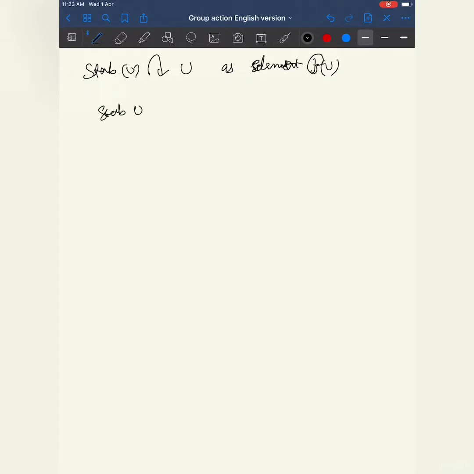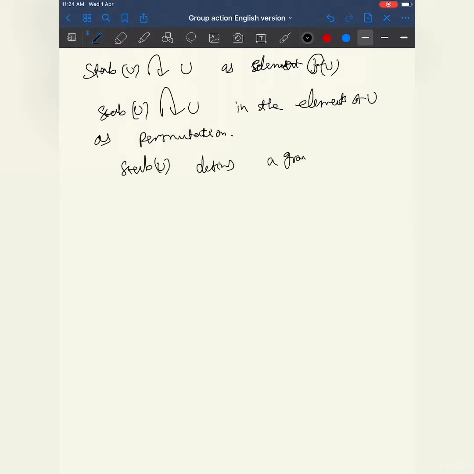But if you see the stabilizer of U acting on the elements of U as permutations, that means the stabilizer of U defines a group action on U. This is the idea.